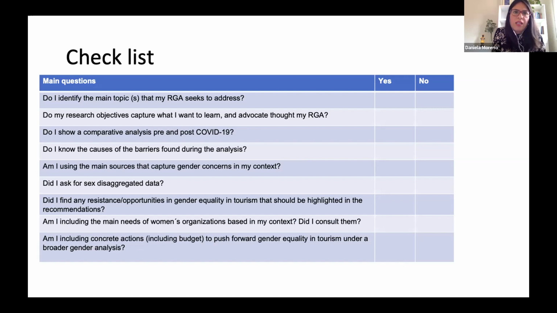data related to the use of time, data related to how women are exposed to violence or harassment. We also have a lack of data to really understand intra-household inequalities.